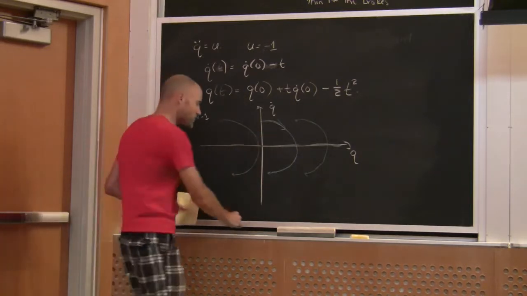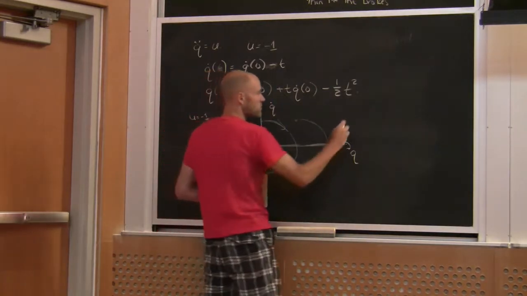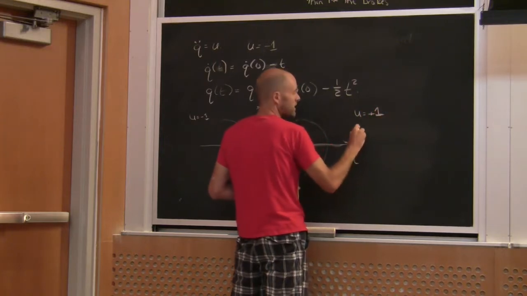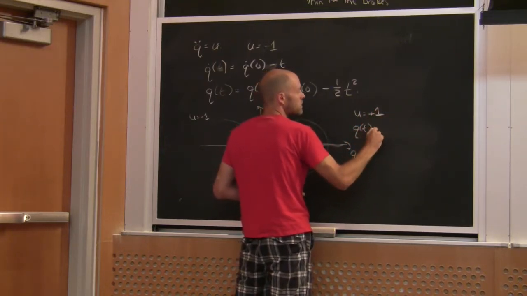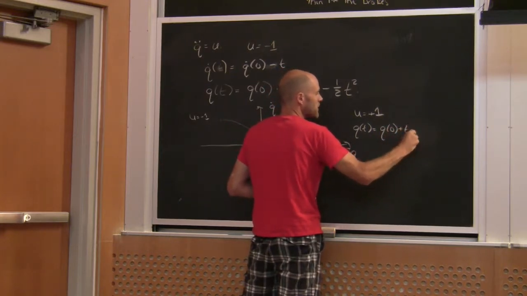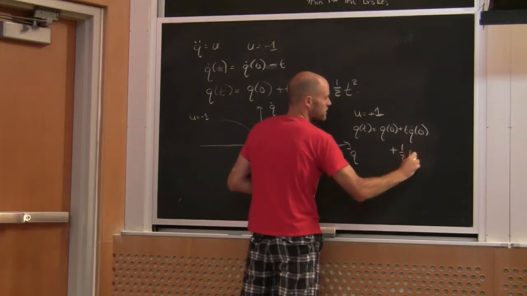If I were to do the same thing with u equals plus 1 on the other rail, then I'll get q of t is q0 plus t q dot 0 plus 1/2 t squared.